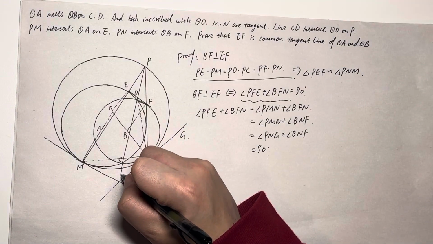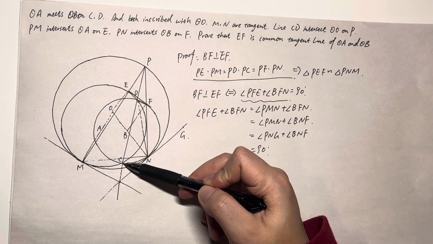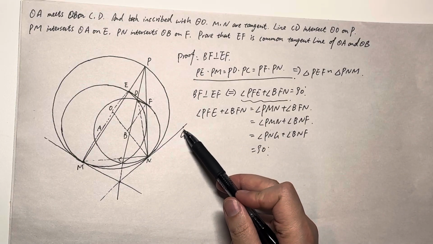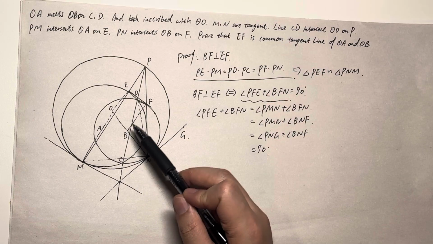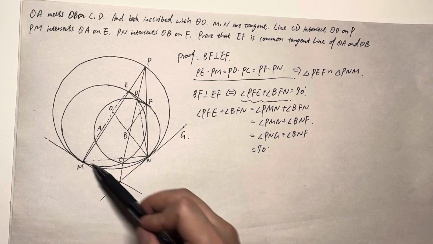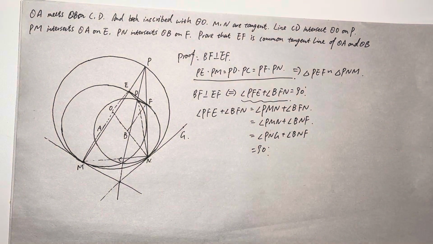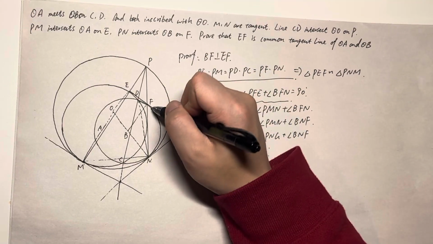If we connect this, we know that PC is a radical axis of circle A and circle B. GN is a radical axis of circle B and circle O. And this tangent line is a radical axis of circle O and circle A, which means these three lines are concurrent at a point. Just a hint, you might be interested in proving it yourself.